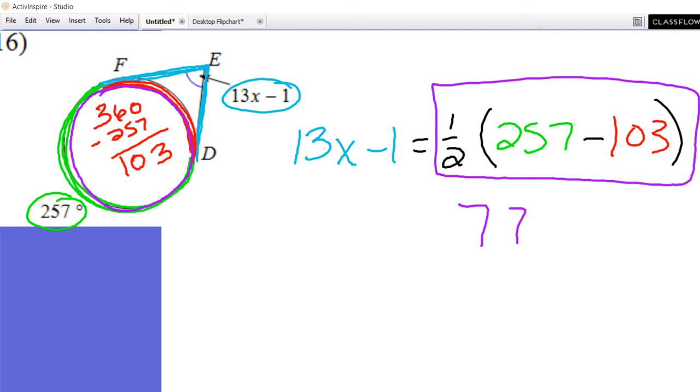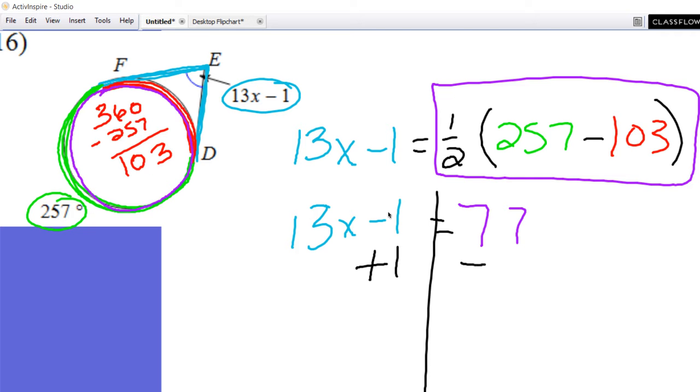So let's continue solving. I have 77 equals 13x minus 1. Remember we always want to leave the variable by itself. So I'm going to remove the 1, so I do plus 1. Whatever I do to one side, I do to the other. So I'm left with 13x equals 78.